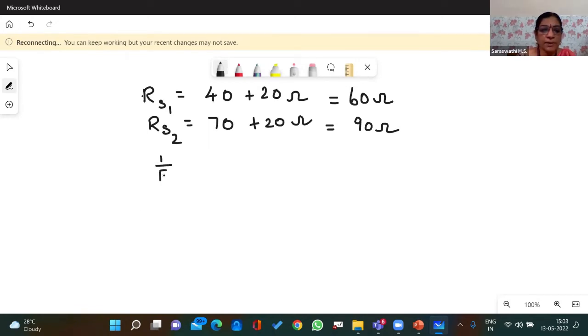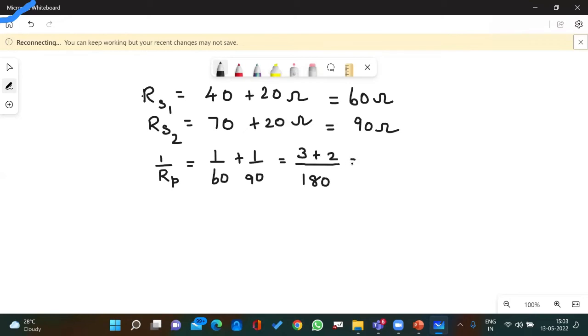So 1 by RP will be 1 by 60 plus 1 by 90, right? So what's the LCM? 180. 3 plus 2, 5 by 180.